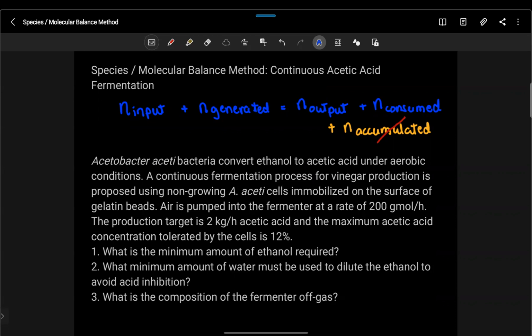Okay? Now, a good thing about the molecular balance method is that its species balances, no, these species balances are always independent. In other words, among the three methods, siya yung pinaka magagamit natin. As I've mentioned before in my previous lectures, di ba, if there are three methods, students usually find it easy to utilize yung atomic balance method. Okay, mas gusto nila yung atomic balance, mas madali daw.